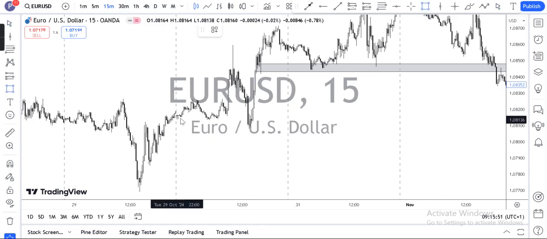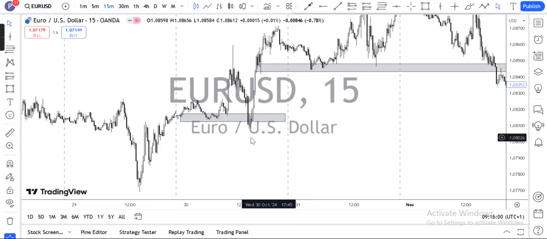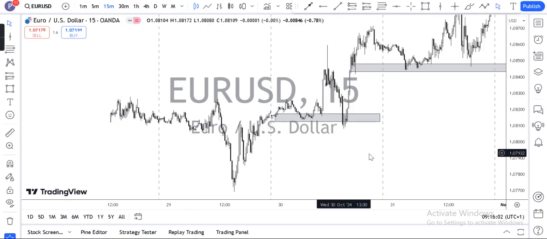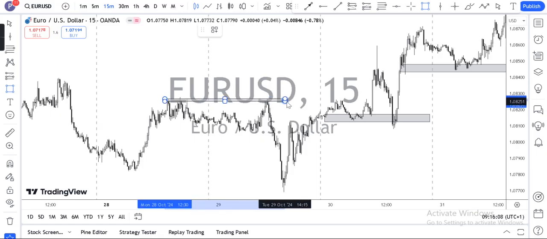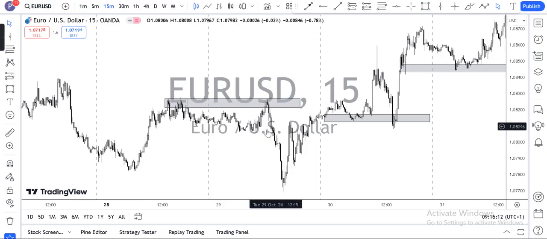You understand? And basically that support is a strong support because it tapped it multiple times, at least 3. At this price, you can see this is a level of support. Price tapped it 2 times, and you can just keep seeing it. So it's very easy to spot daily resistance and support levels.